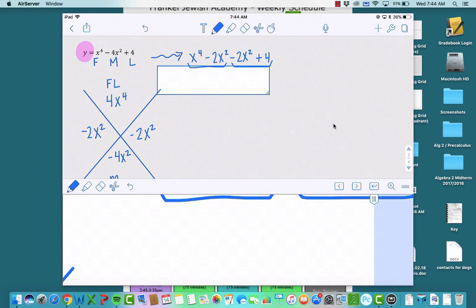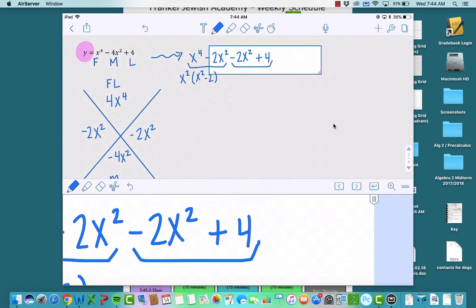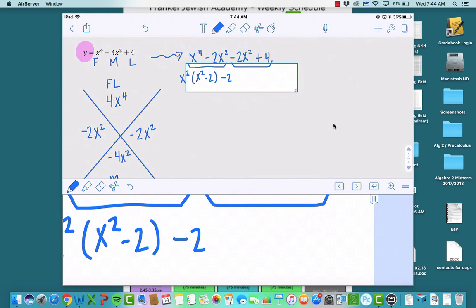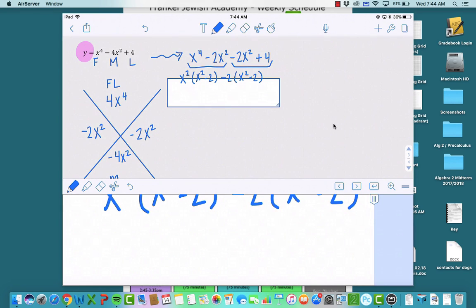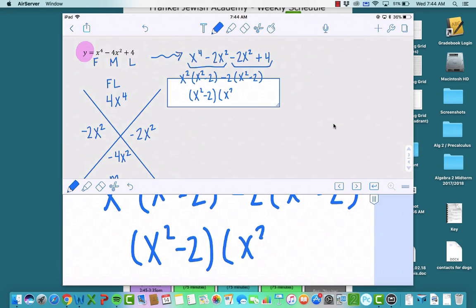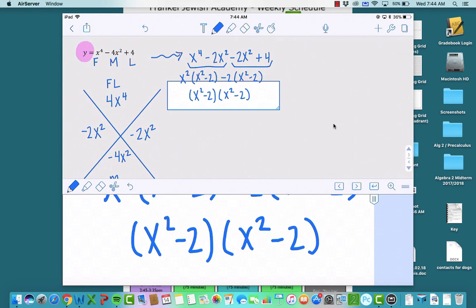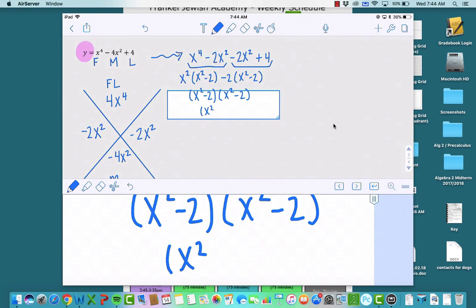From the first two, I can factor out an x squared, and I'm left with x squared minus 2. Out of the second one, I can factor out a minus 2, and I'm left with x squared minus 2. So this becomes x squared minus 2 times x squared minus 2, or x squared minus 2 squared.